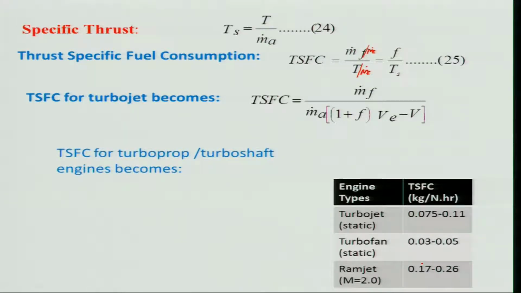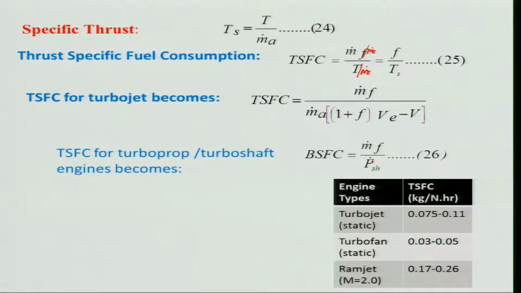And as I told you earlier, the TSFC for turboprop and turboshaft engines becomes basically what we call the brake specific fuel consumption, right, and that is m dot F by the shaft power, and this brake specific fuel consumption is being used routinely for automobile engines as well, right.